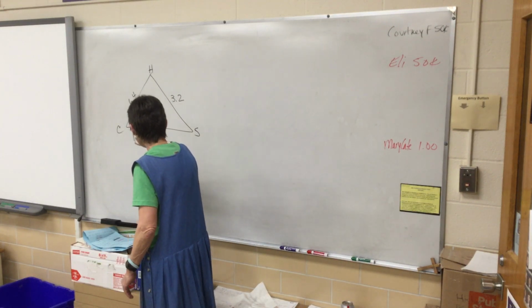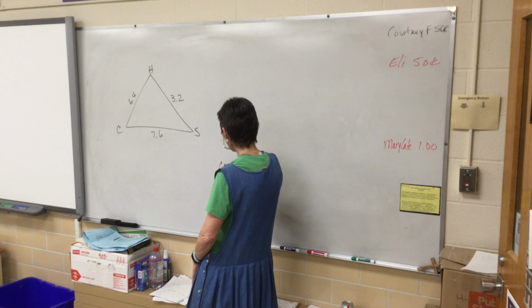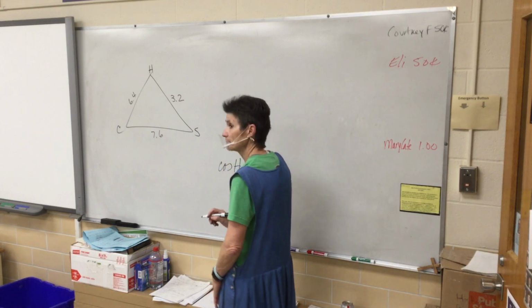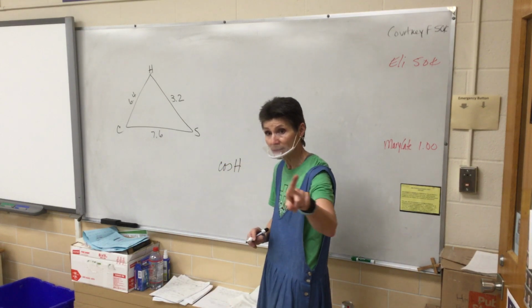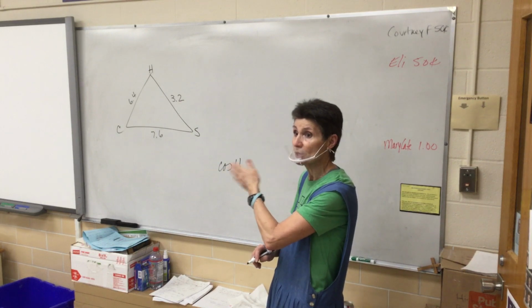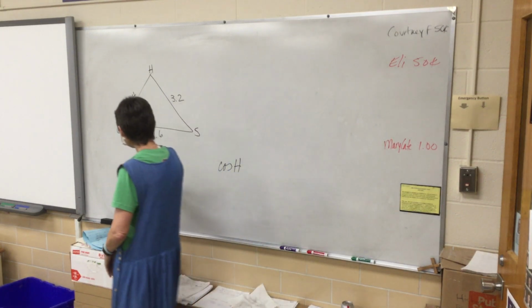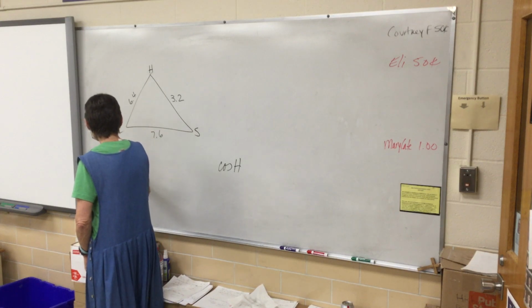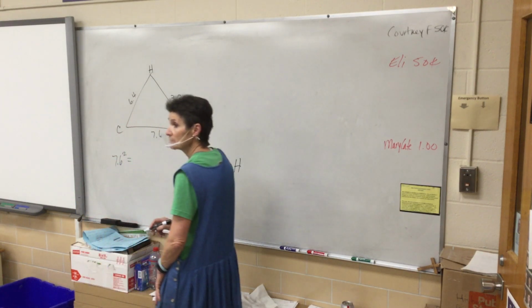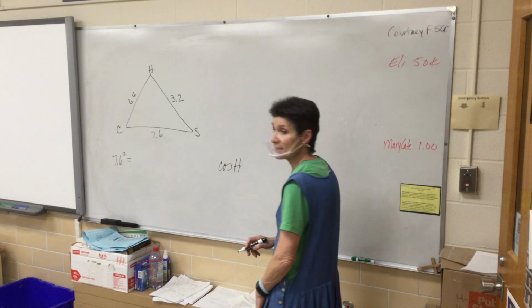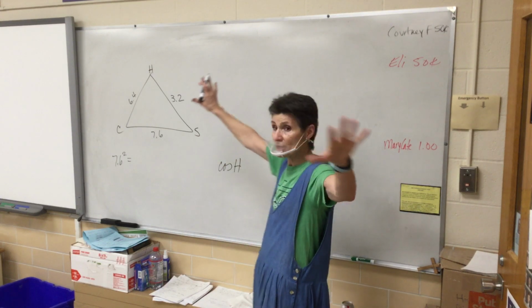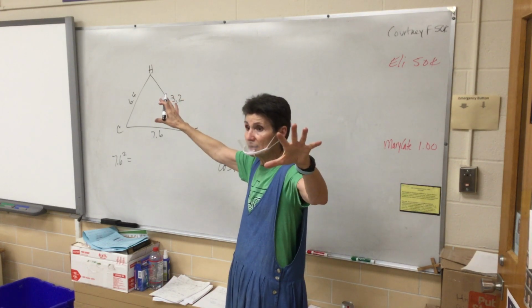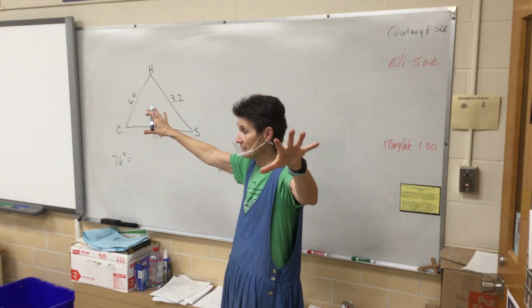So we're going to find H. So that means out here I'm going to have cosine H. Remember, the law of cosines has one angle in it. We picked H, cosine H. That means on the other end of this equation will be 7.6 squared, because that's side H. And the equation is bookended angle, side.